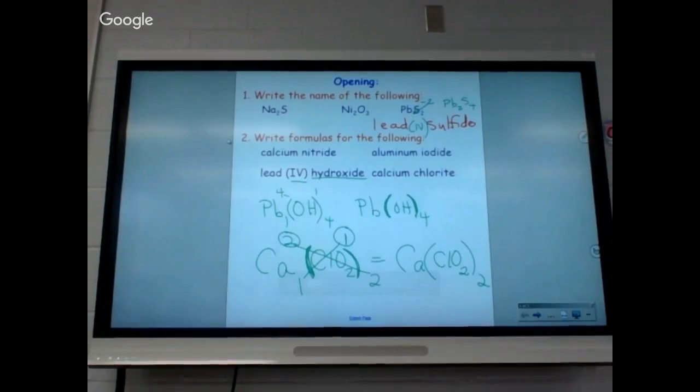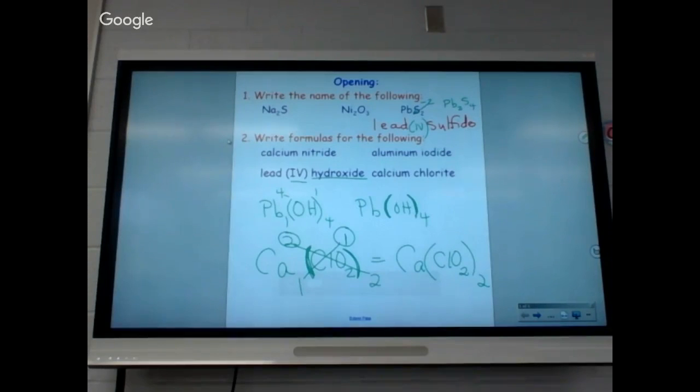If it says ITE, make sure you look up the one that says ITE, and if it says ATE, look up the one that says ATE. The difference is ATE has one more oxygen than ITE. Here ITE says ClO2, and ATE says ClO3. That's the only difference, an oxygen.